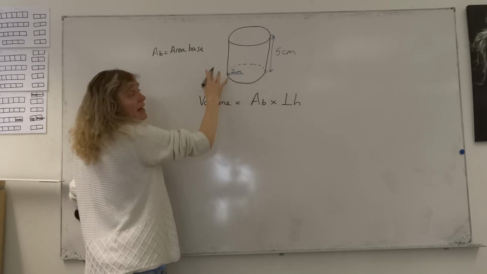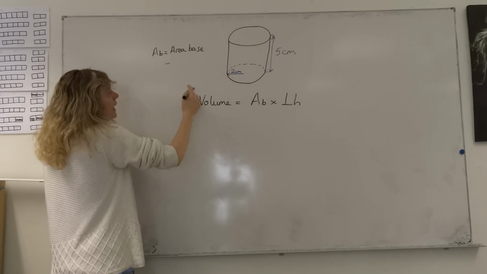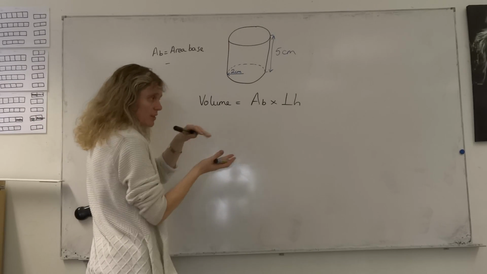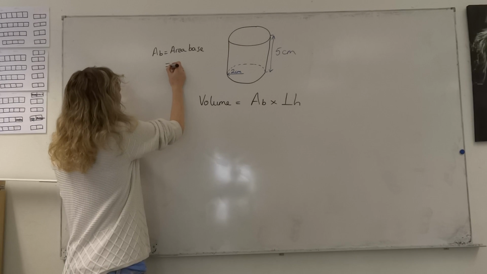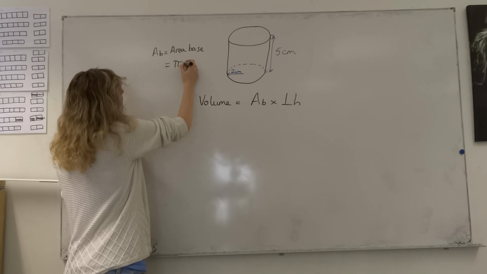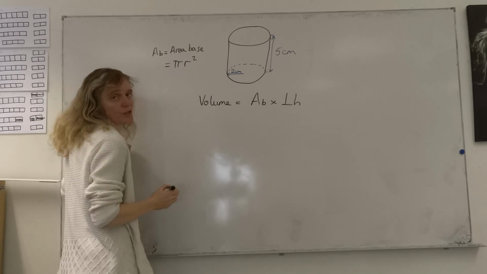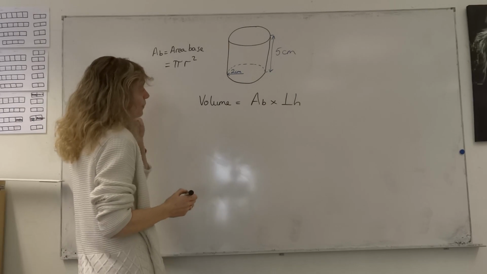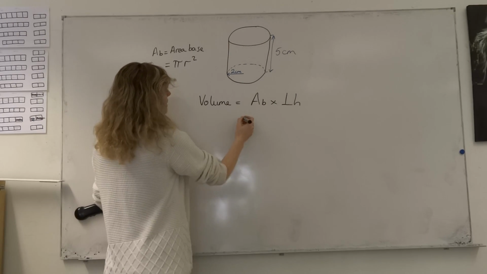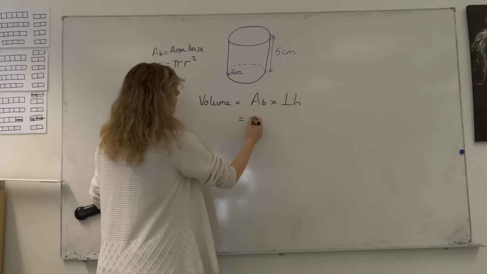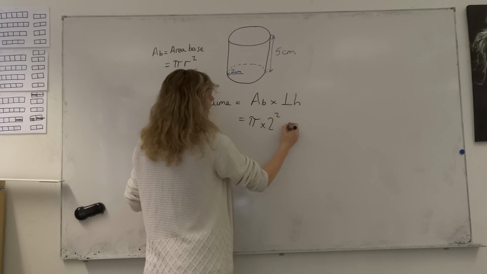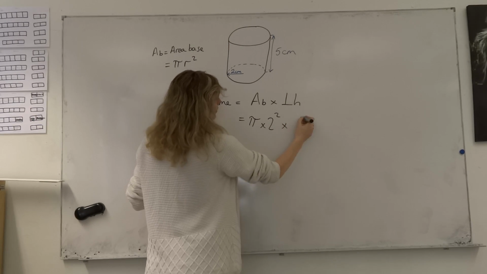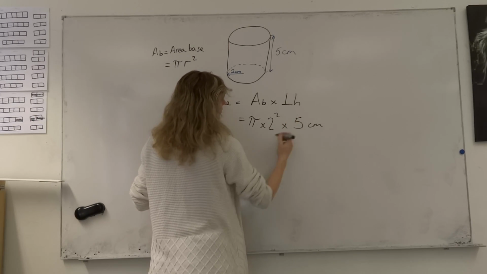We know that for any circle, because you have to imagine this is a three-dimensional shape, so it's a pure circle on the bottom, the area of the base is pi times the radius squared, pi r squared. So in this case, it would be pi times 2 squared, times the perpendicular height, which is 5 centimeters.